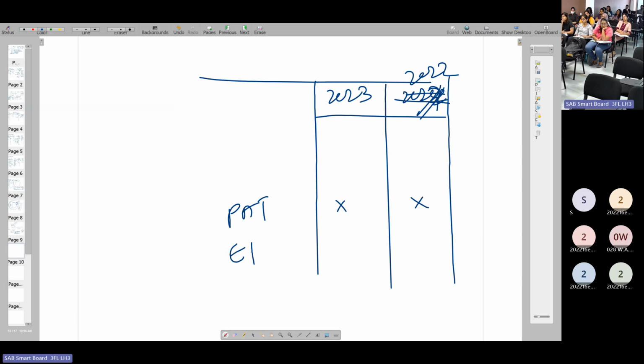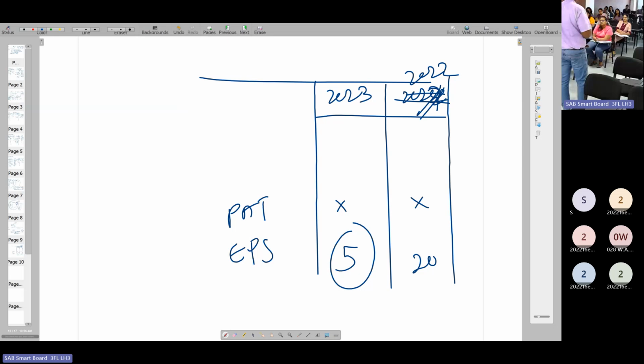Then, as per the standard, we need to disclose earnings per share, the latter part of the profit and loss. Let's say here 20 rupees. Better than 5 rupees, I mean 5 drastically. Let's say there is a new ordinary share issue. Profit remains unchanged, but they have issued new ordinary shares. Right? So, better than value.